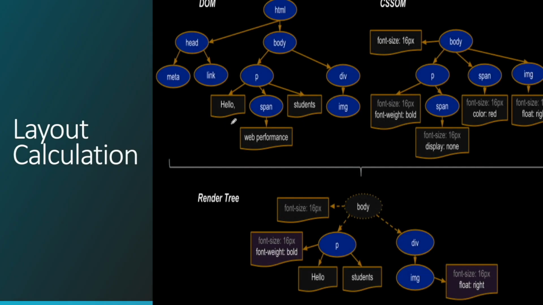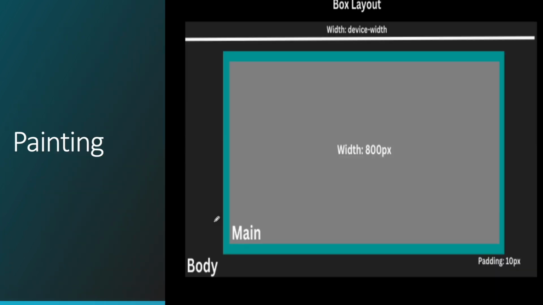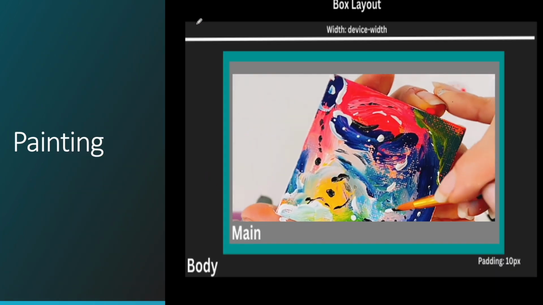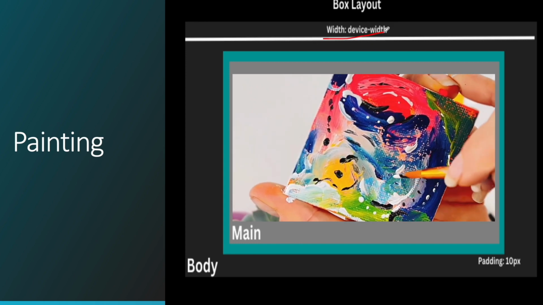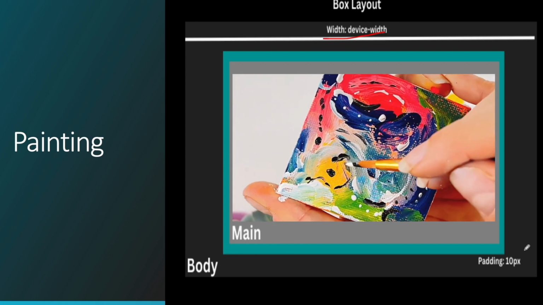Next comes the painting phase. Once the layout from the DOM and styling from the CSS is calculated, the browser goes through a painting phase where it fills in the pixels to create a visual representation of the page on the screen. The painting process involves drawing the content, backgrounds, borders, and other visual aspects of an element.